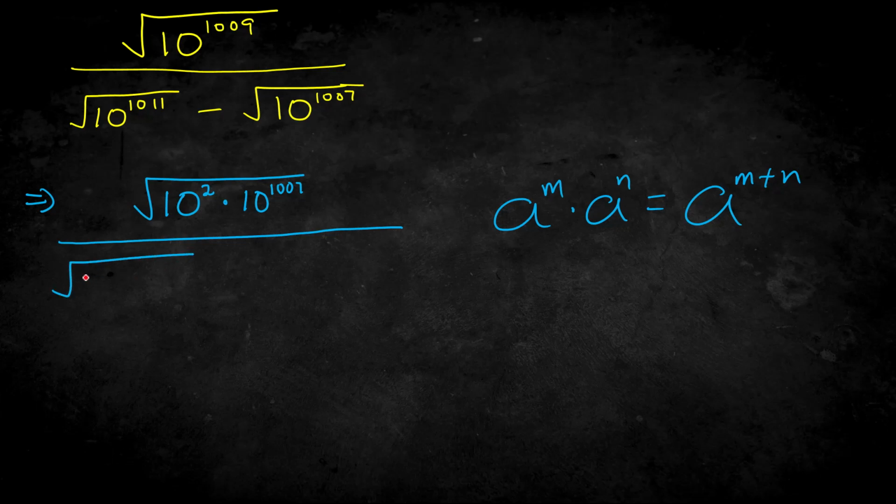So we can get a similar one here. So we have 11 here, so this side will be 10 raised to 4 times 10 raised to 1007. So this side, 4 plus 1007 is 1011.